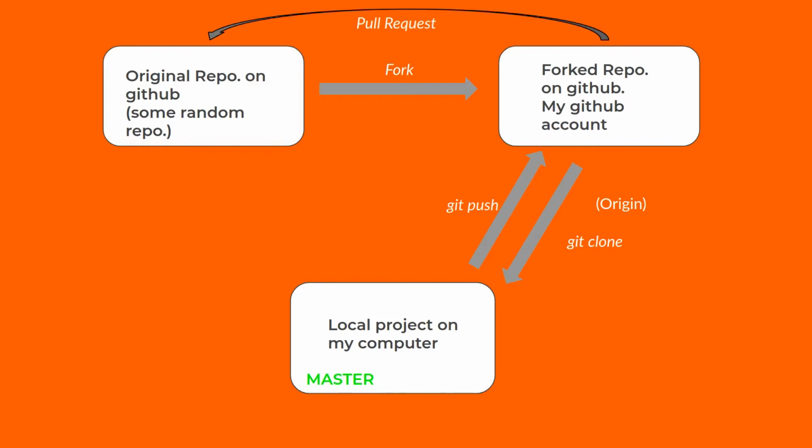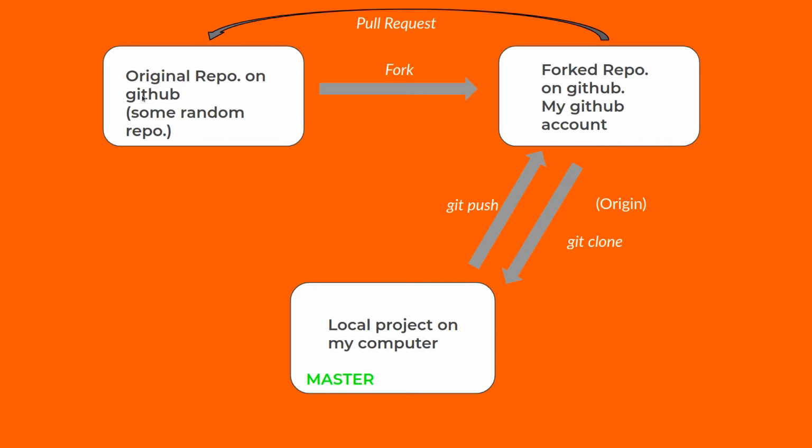So now we have made the changes, we have pushed our changes, and we have also learned how to make a pull request. Now there is one thing that we haven't done yet. We have made our changes and pushed them, but what if there are changes done by the owner of the repository or some other person to this original repository? How do we get those changes to our local project, and then from our local project to our GitHub repository?